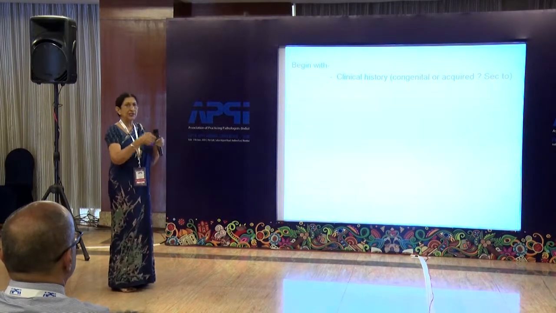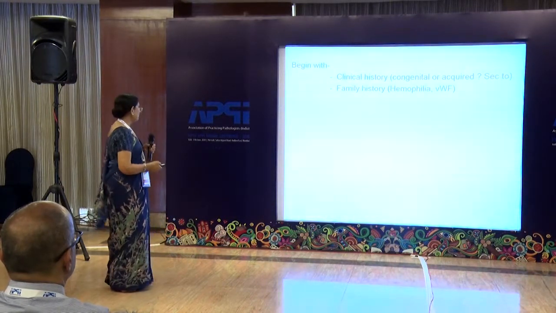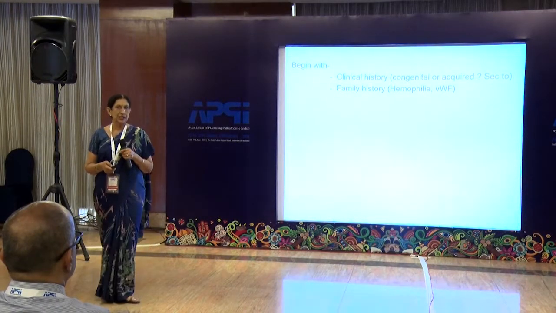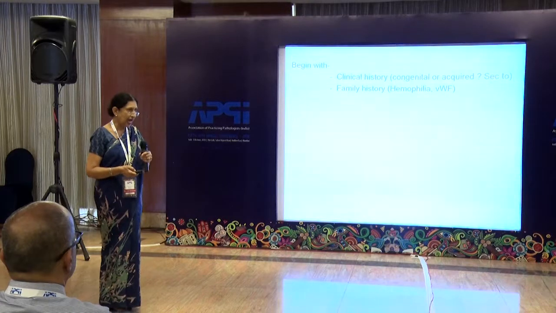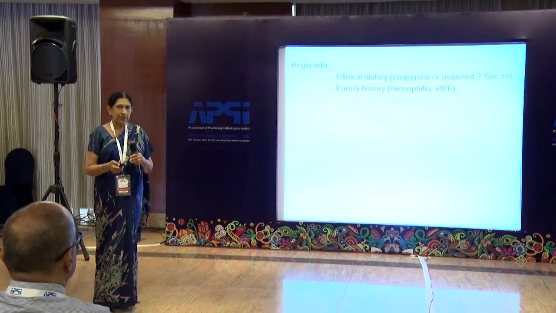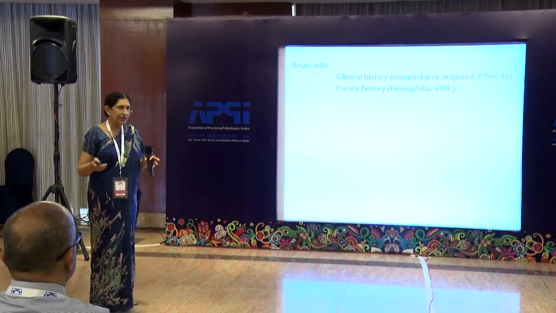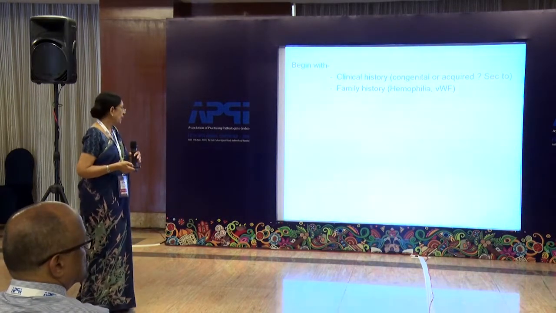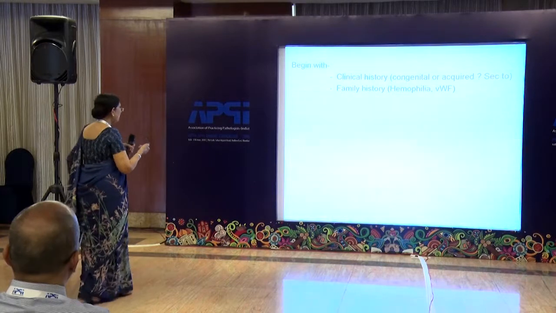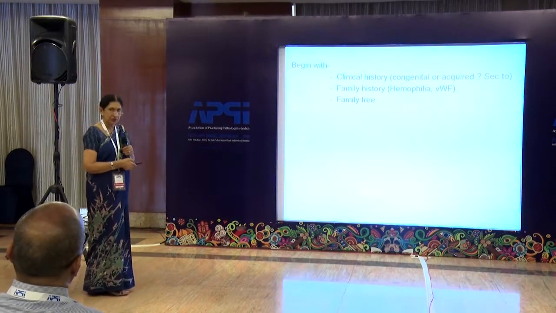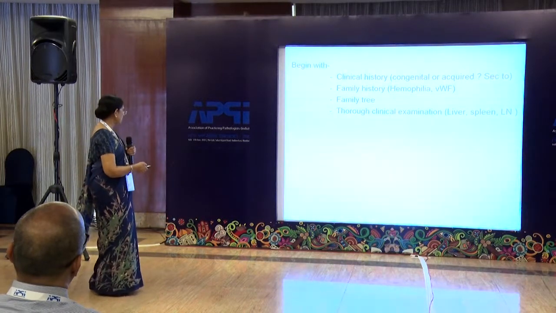Or is it secondary to something else? Family history is of prime importance, especially in coagulopathies like hemophilia. So you must ask the family history, especially of uncles, aunts, mothers, sisters, and anybody in the family, especially for VWF and hemophilia. Draw a family tree if you can, it definitely helps.